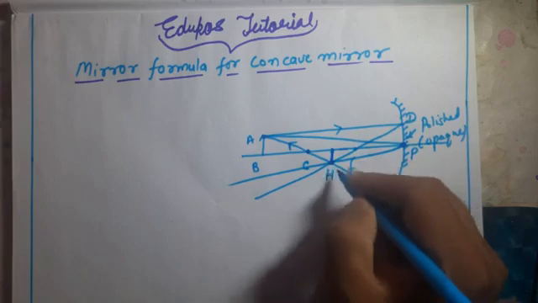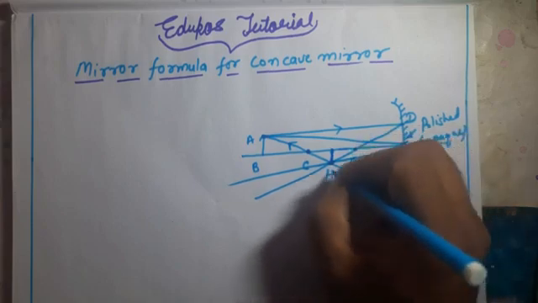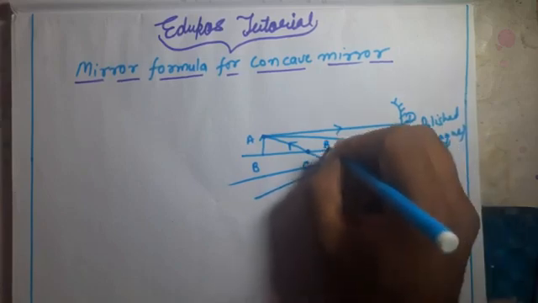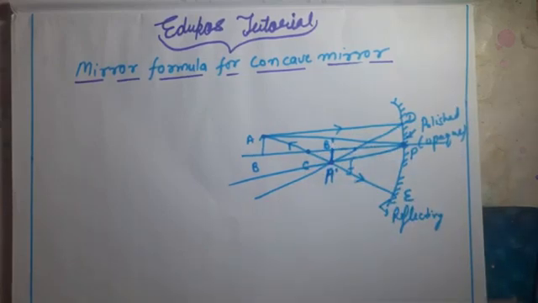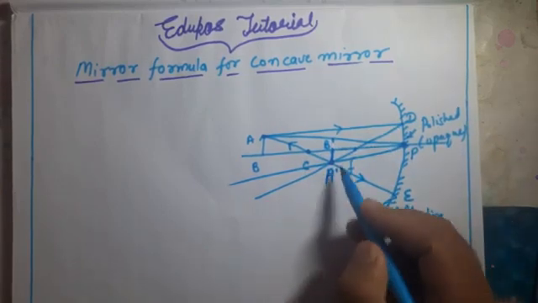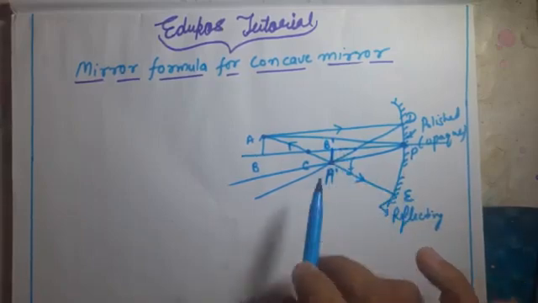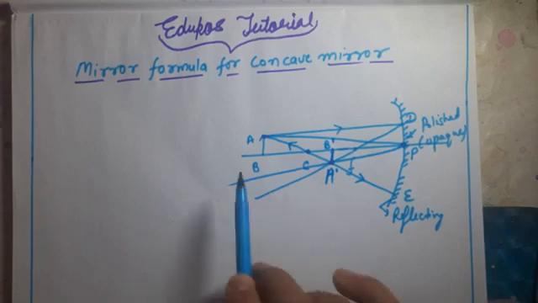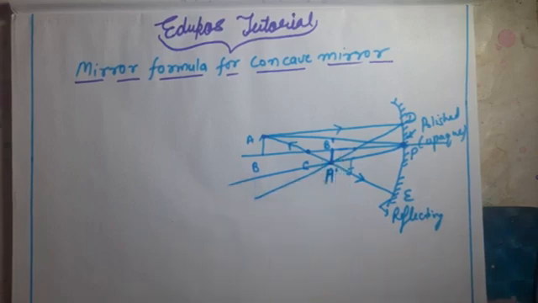Okay, so this image will be inverted and real. So this is our diagram. A dash B dash is the real image of AB, and as we know, real images are inverted.